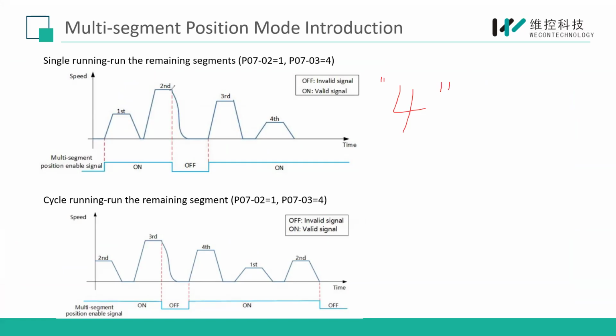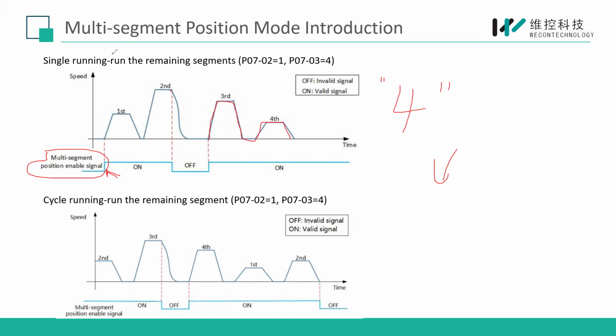And when the servo runs segment 2, here we disable the multi-segment enable terminal. If we disable it, and then after a while, we enable this signal again, you can see the driver will continue to run segment 3 and segment 4.